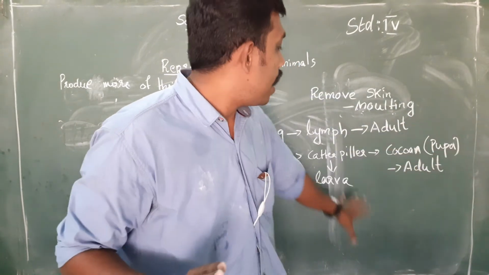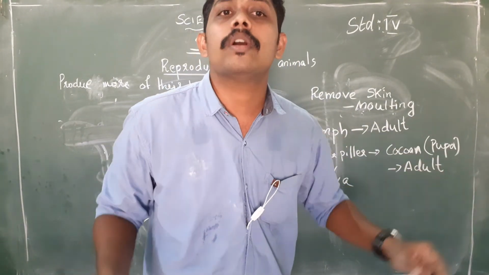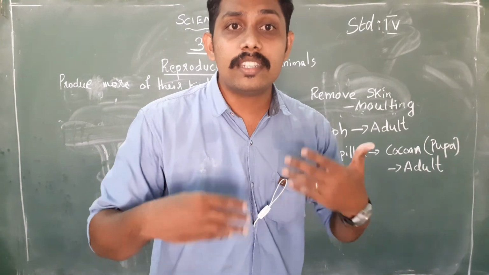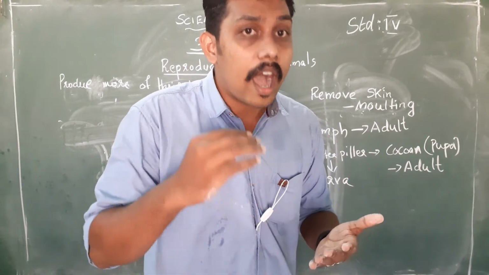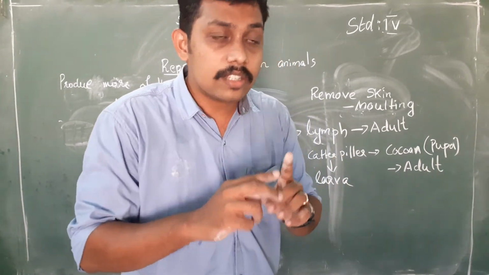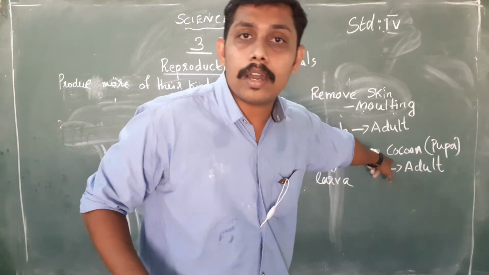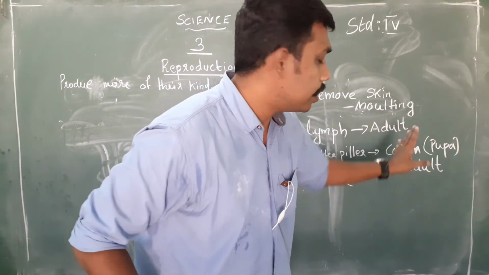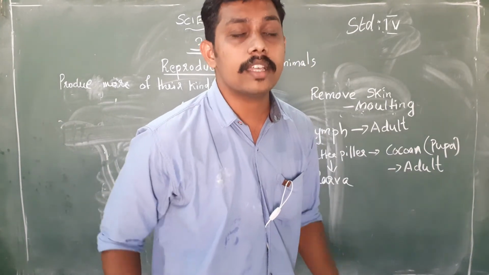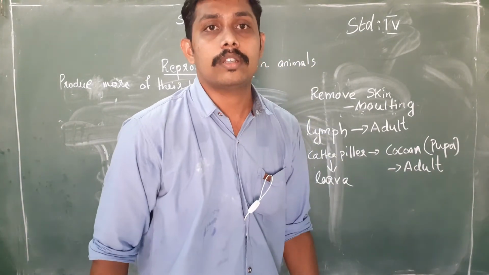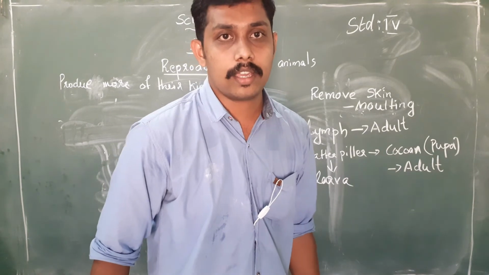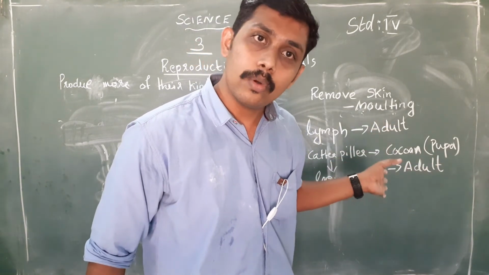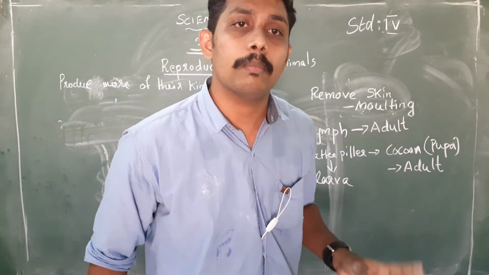Okay, and what does this caterpillar do? It just eats. After some time it is covered with a part. That part is called cocoon. Okay, and then it becomes the adult butterfly. So these are the 4 developmental stages in butterfly.